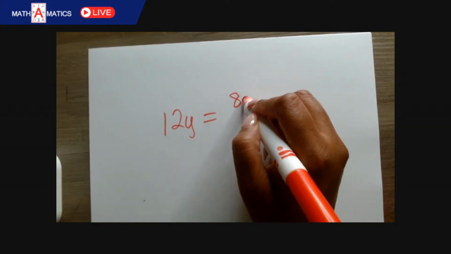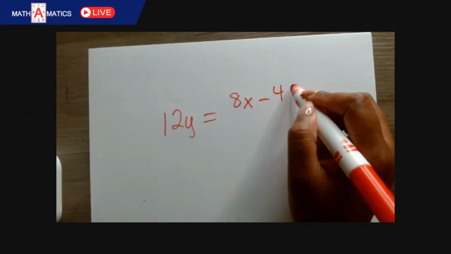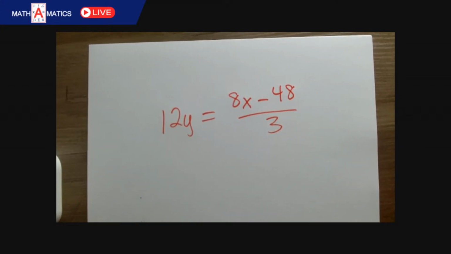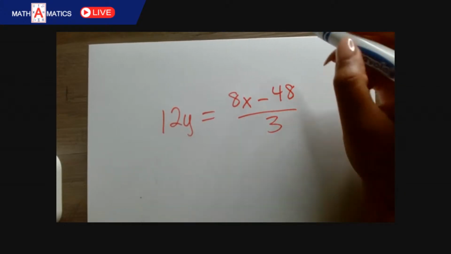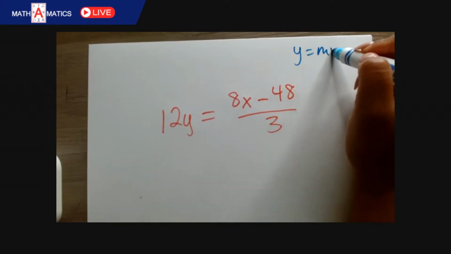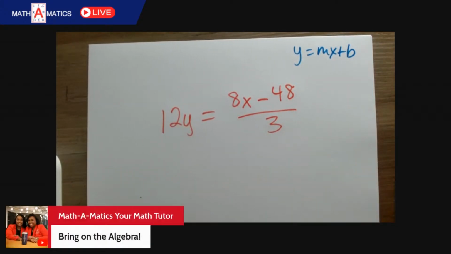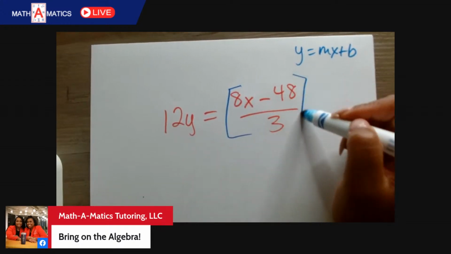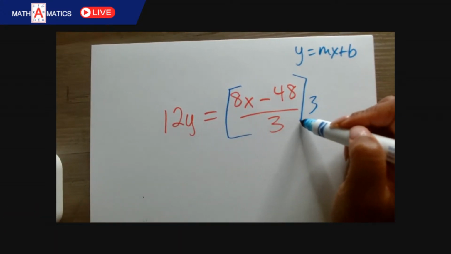12y is equal to 8x minus 48 divided by 3. And we always want to remember our goal is to get y equals mx plus b. I'm going to put that here. Bring on the algebra. All righty. And so like our first one tonight, we want to multiply both of these sides up.